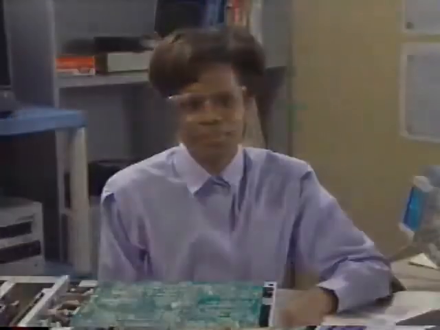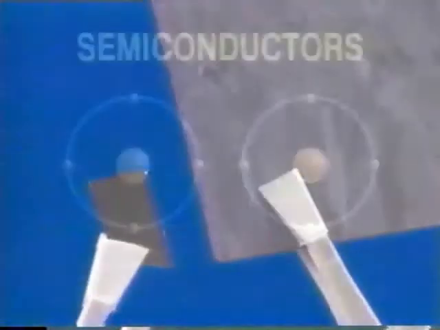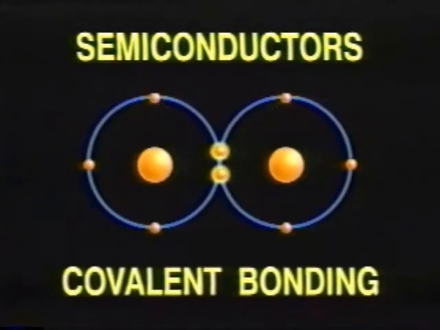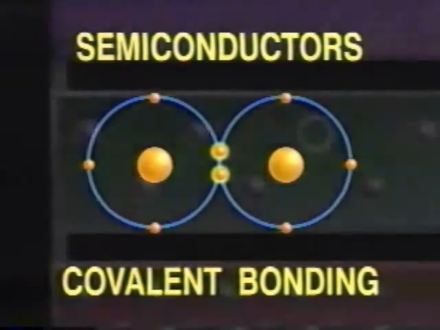Let's stop here and review what you've been shown. In this part, you've been introduced to the basic theory behind semiconductors. At the atomic level, you saw that a semiconductor has 4 valence electrons, which creates a tendency to form covalent bonds where electrons are shared.